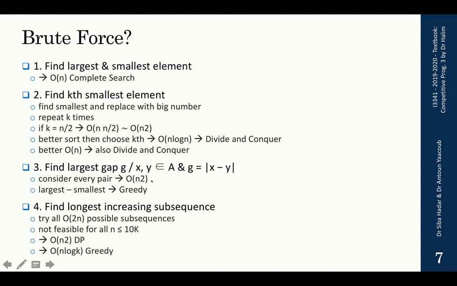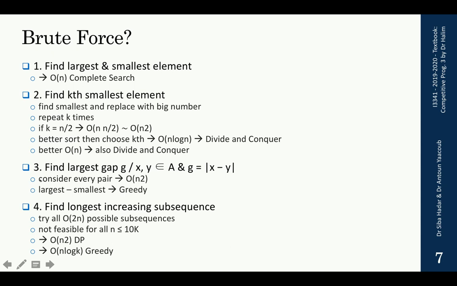It is order of n to the power 2, and this is very large for n being 10,000 elements. One would think directly that the largest gap is nothing else but the difference between the largest and the smallest element, and this is order of n, and this is called the greedy paradigm. So you just have the idea and apply it.